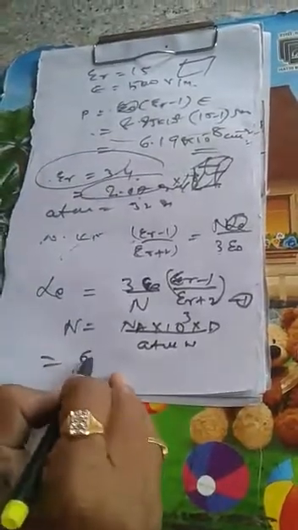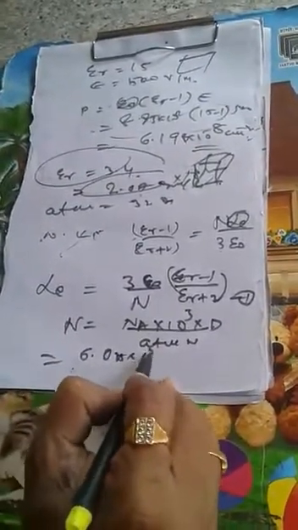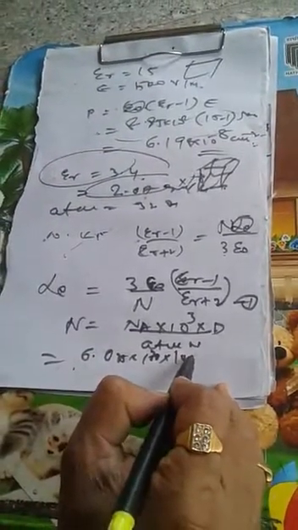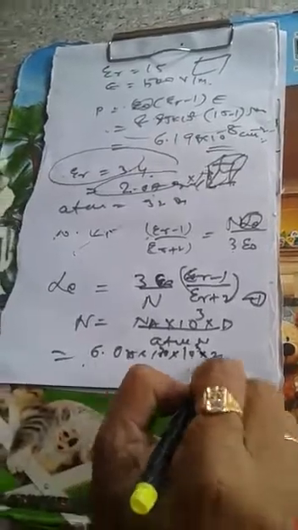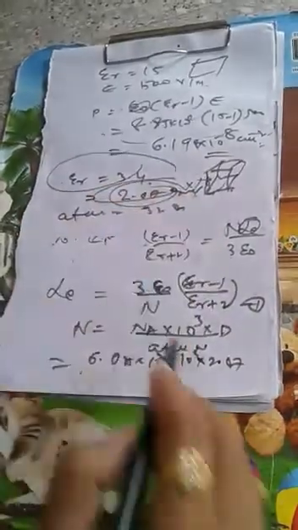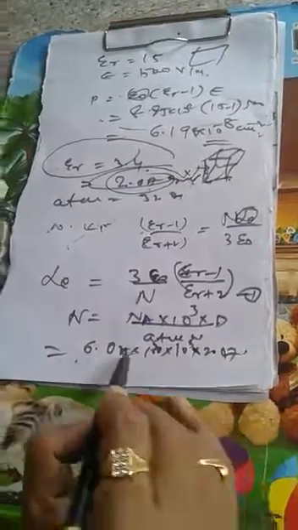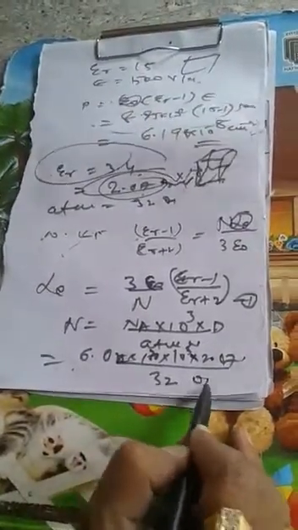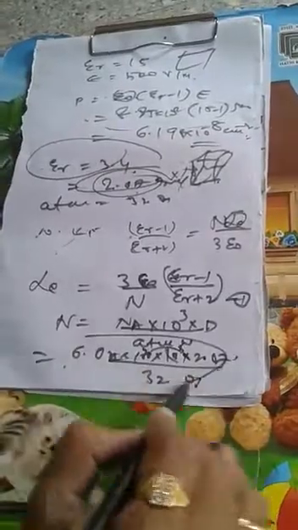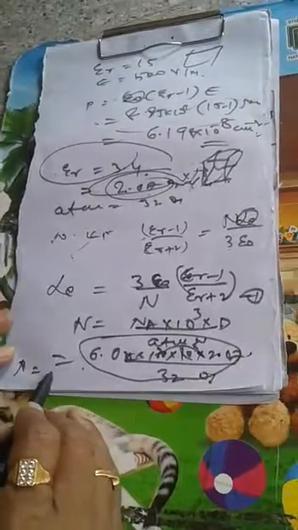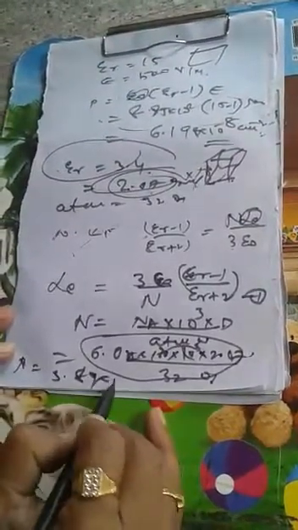So the Avogadro number is 6.025 × 10^26, times 2.07 × 10^3, divided by the atomic weight 32.07. Substitute and simplify all these values, then we get N = 3.89 × 10^28.